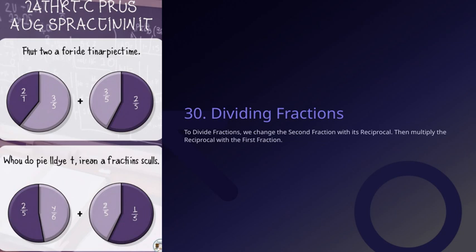This method simplifies the process and makes dividing fractions much easier. Remember, the key idea here is that dividing by a fraction is the same as multiplying by its reciprocal. This concept is really important because it helps us handle division of fractions more efficiently, keeping us aligned with our overall goal of mastering fraction operations.